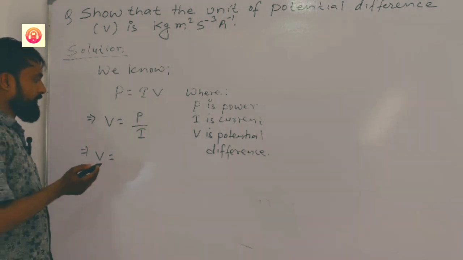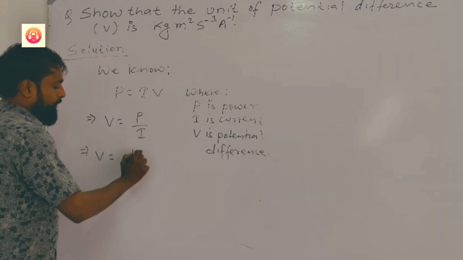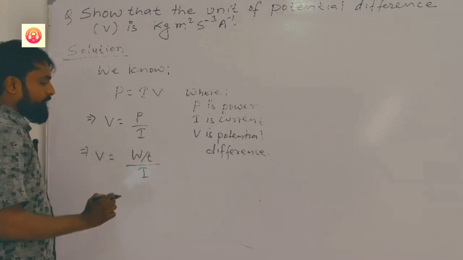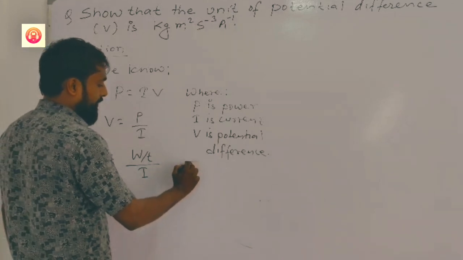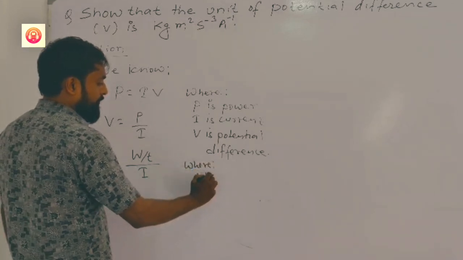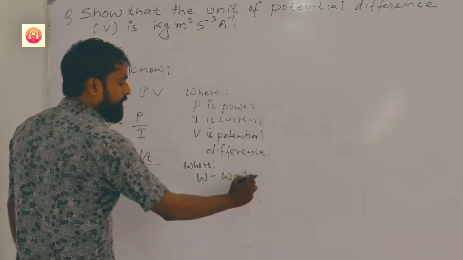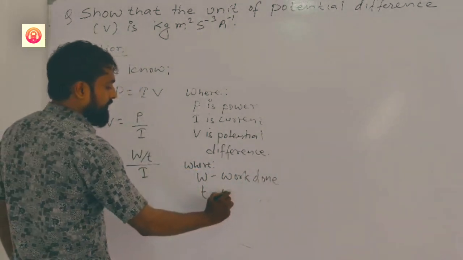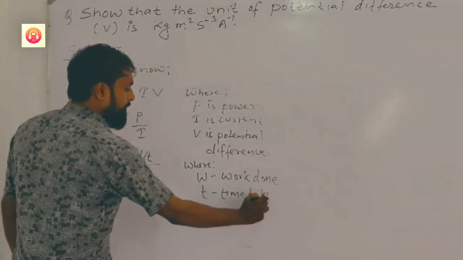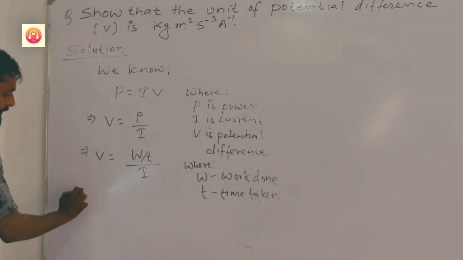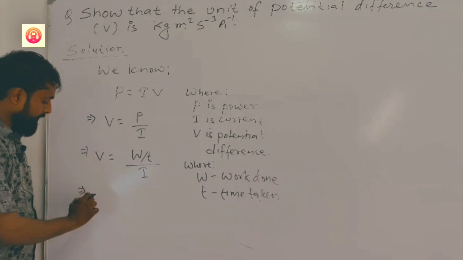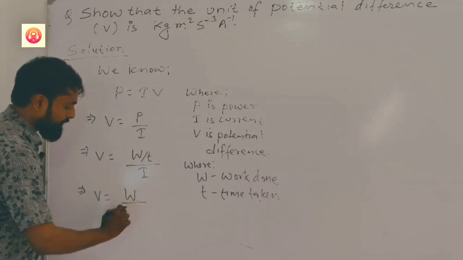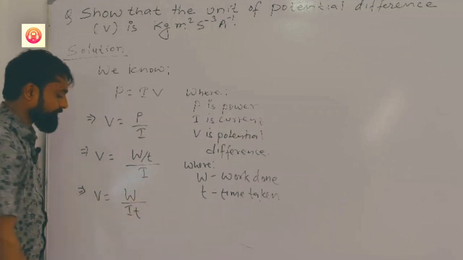So power equals work done by time taken, where W is work done and T is time taken. So from here we can write V equals work done by current into time.